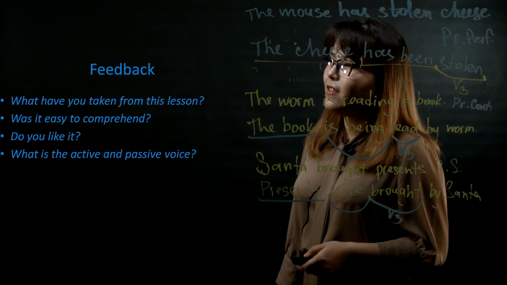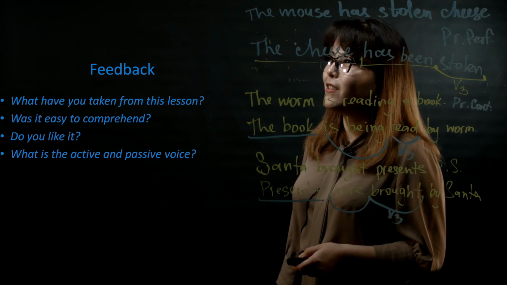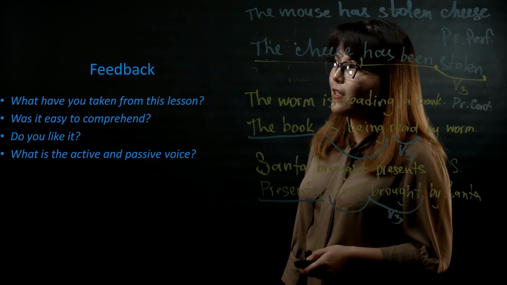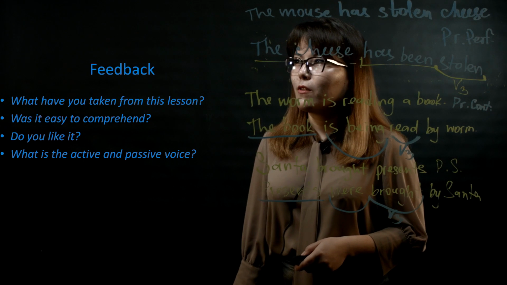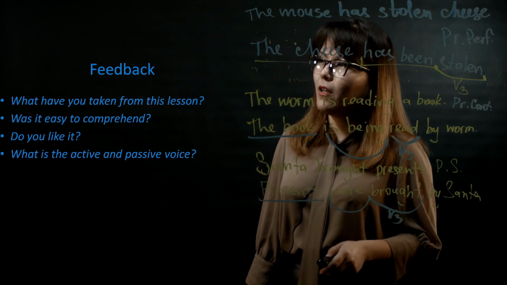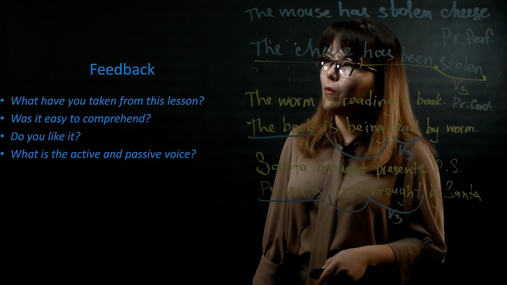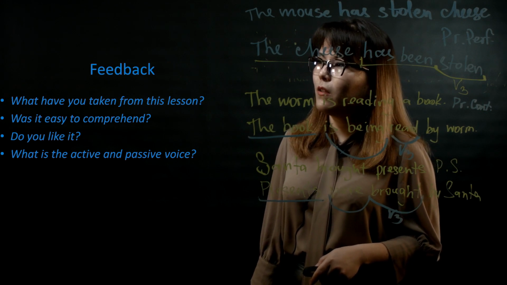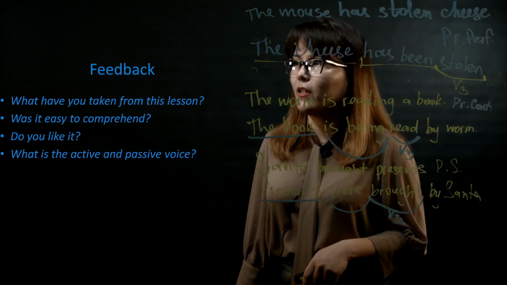So do you like it? Yeah, thank you. I hope that you like it and you know what is the active and passive voice. So the active voice is when the action is made, and the passive when the grammatical subject has the action made upon it, yeah?